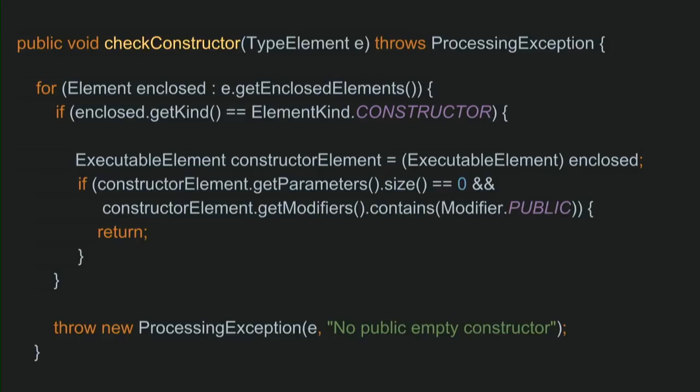And once again, we don't use instanceof to check, but we use the element kind to check if it's a constructor. And if it's a constructor, then we can cast it to ExecutableElement, and we can check for the parameters. And we can also check about the modifiers. Okay? And otherwise, we throw a ProcessingException.